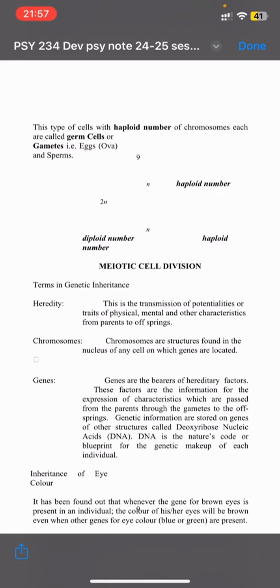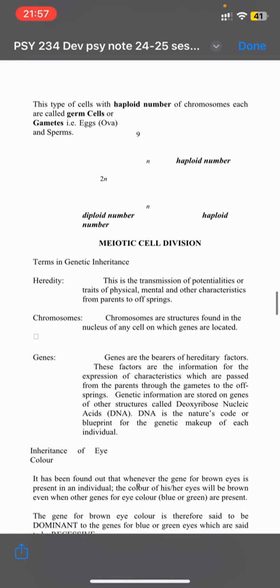Terms in genetic inheritance. Heredity is the transmission of traits from parent to offspring. So all the traits of your physical, mental, and other characteristics are transferred from the parent to offspring.